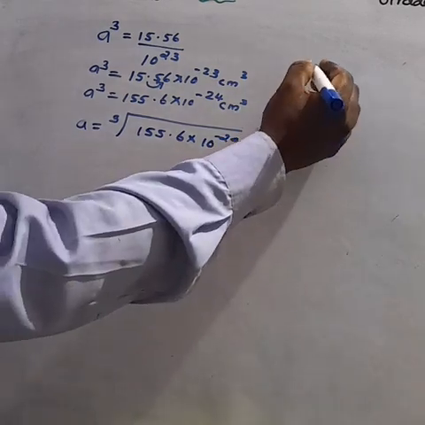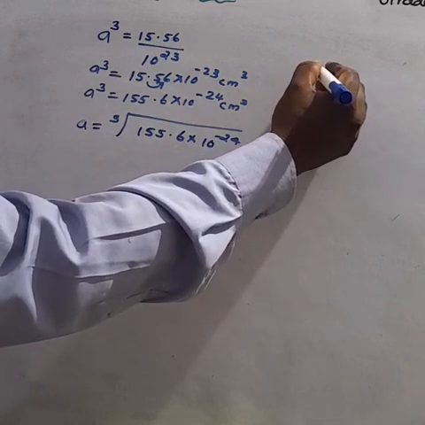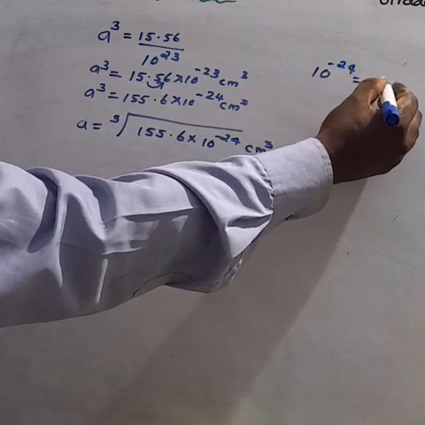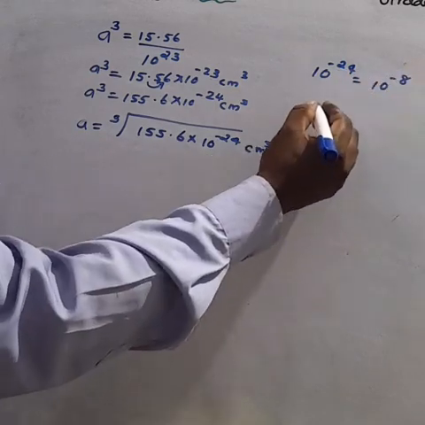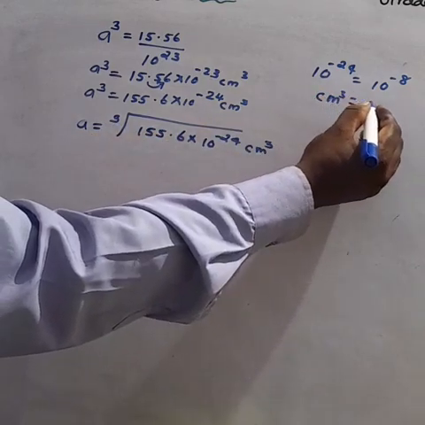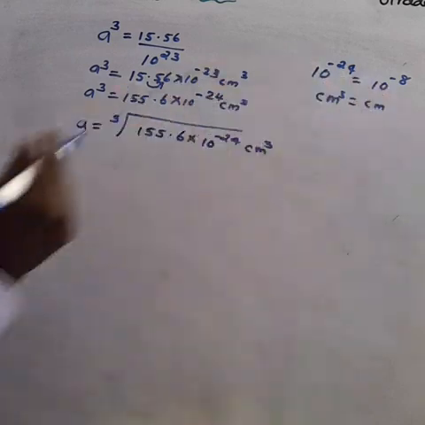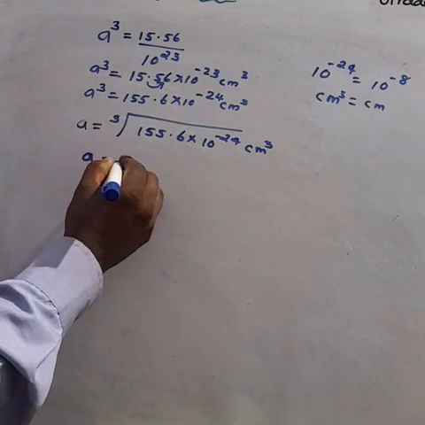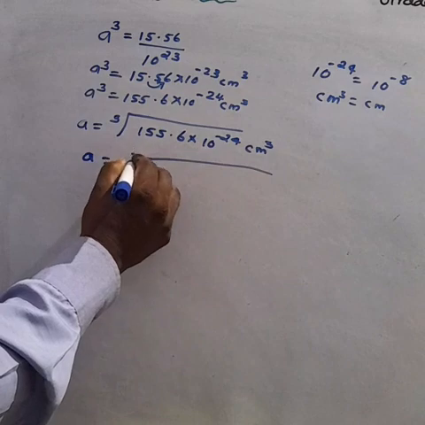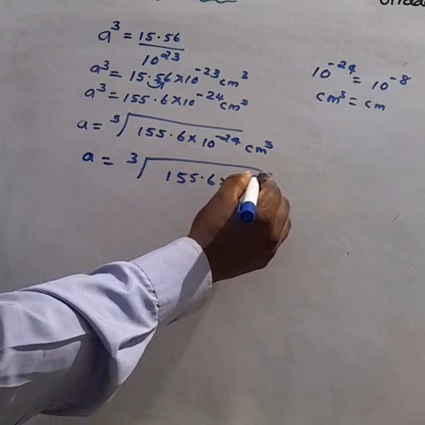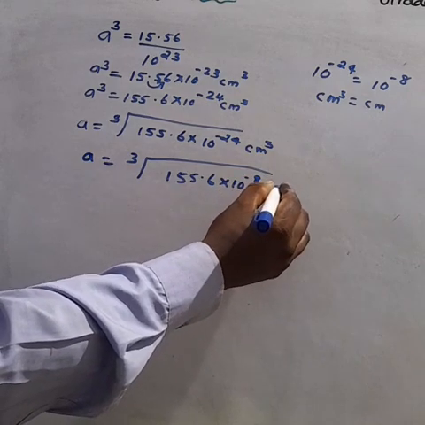We know that cube root of 10 raised to minus 24 is 10 raised to minus 8, and cube root of centimeter cube is centimeter. So A is equal to cube root of 155.6 into 10 raised to minus 8 centimeter.